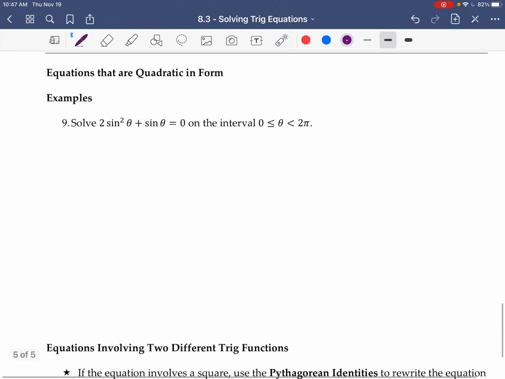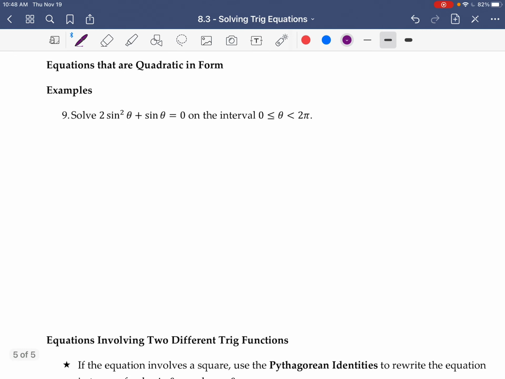Okay, so just one more example here. So we want to solve for sine theta here, but I have a quadratic form. So what I'm going to do is factor out. I see a common factor of sine theta, so I can take out a sine theta. From the first term, I have 2 sine theta. From the second term, I have a plus 1.